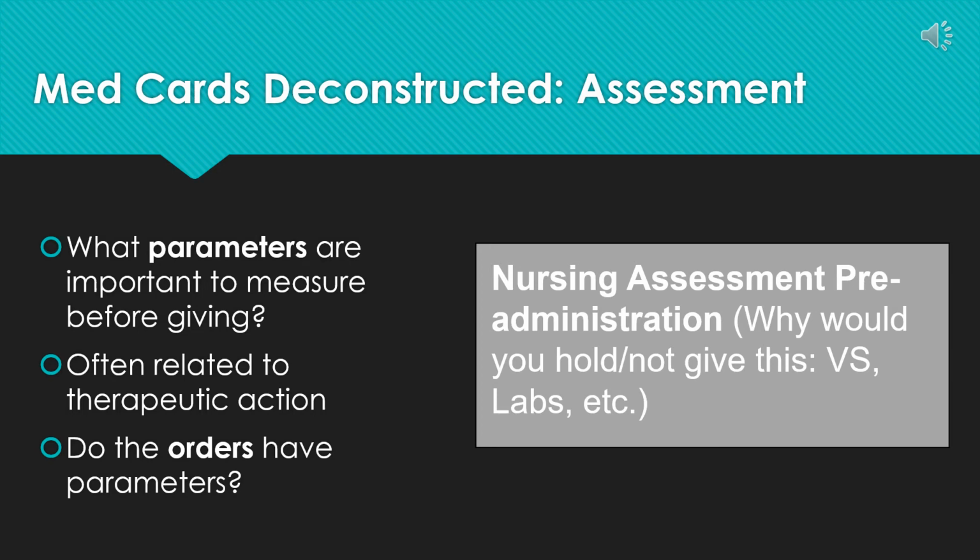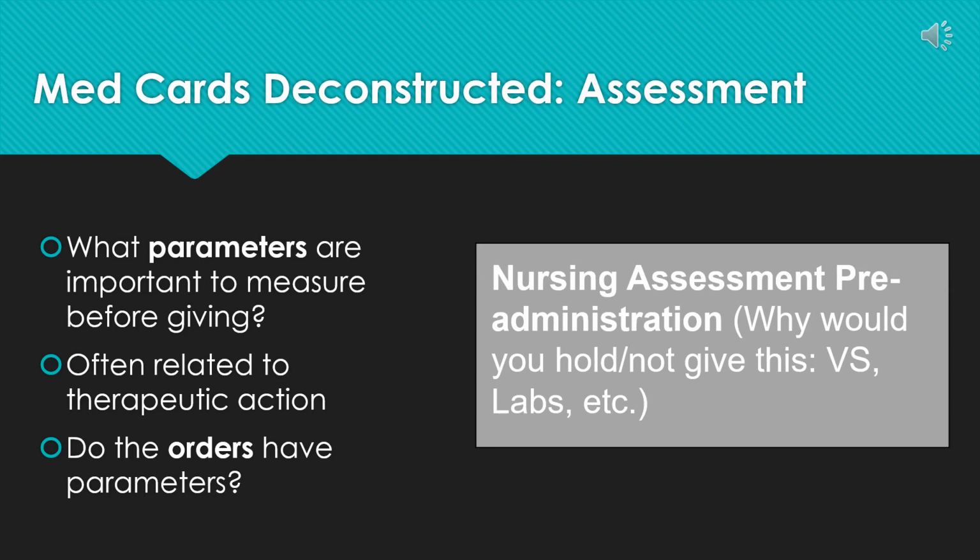So we have talked a lot about assessment and giving medications as some of the most important things that you can do. And assessment is an important part of medication administration. Depending on what the therapeutic action of the drug is, there may be some parameters that are important to measure before giving. For instance, there may be a lab value.